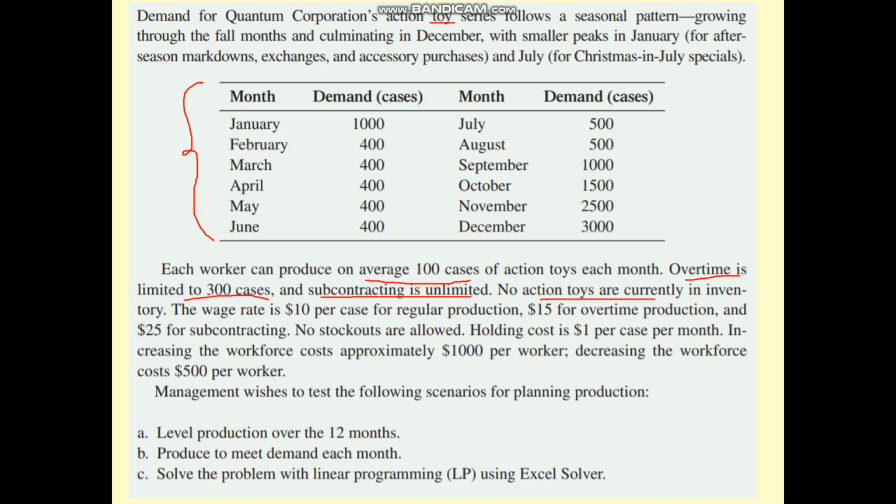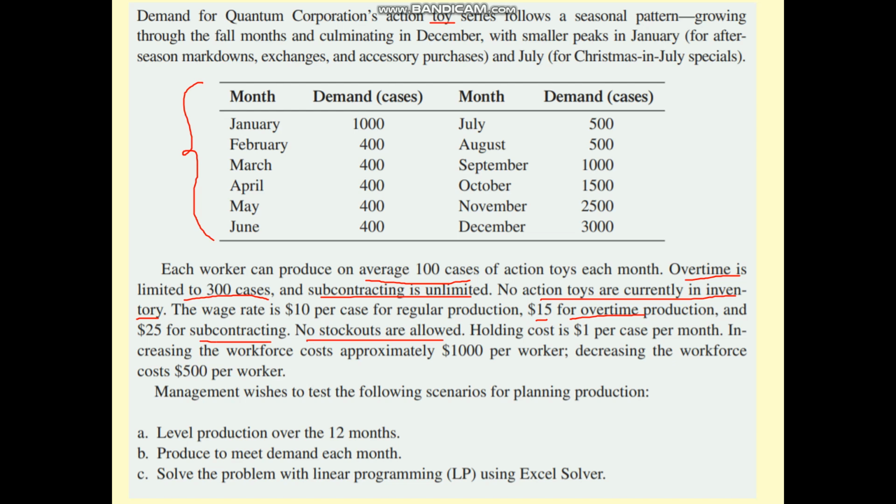And the initial inventory is 0. The wage rate is $10 per case for regular production. So you have to pay the worker $10 per case for regular production, and if they do overtime you have to pay $15. And if you use subcontracting, you have to pay $25.